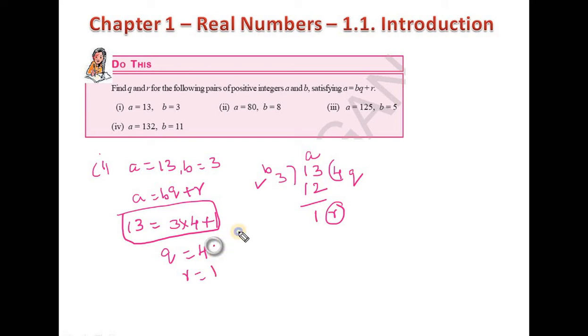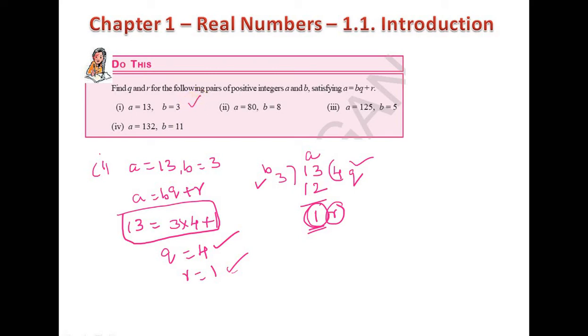Q is the quotient which is represented here, and R is your remainder, that is the value which is left over. Okay, so this is the way you will be able to solve your first problem. Okay, this is done. So now we will move on to the second problem.